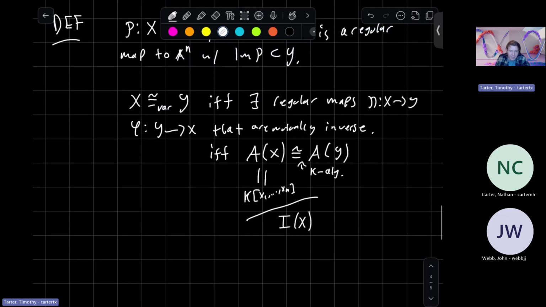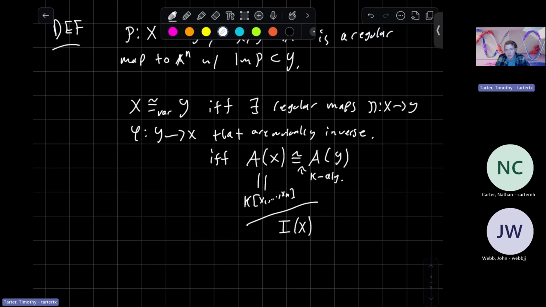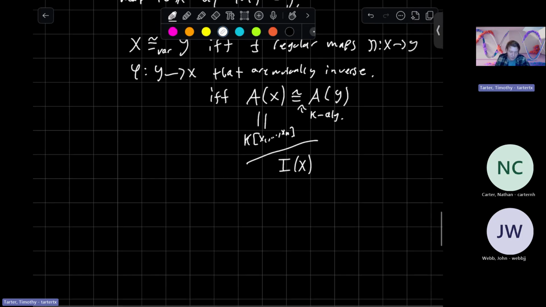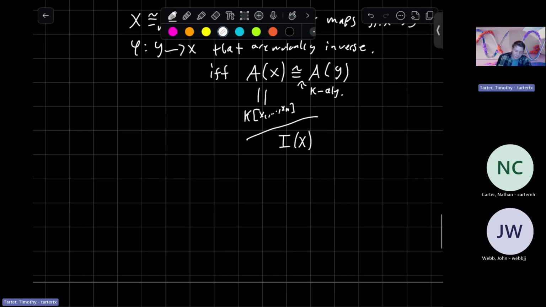And so what we really need is that maps to projective space are regular if they're locally regular on each affine slice.